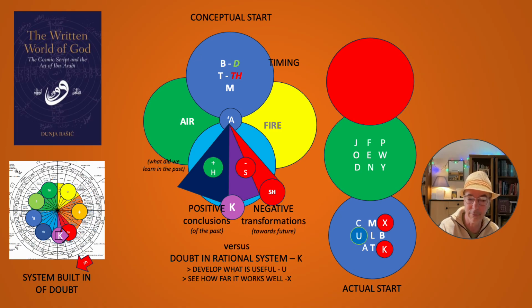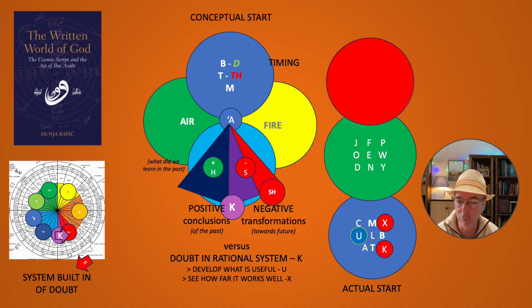It is again, of course, this doubtful rational system in K, which we also had already in our Western system. ATK is actually, we give it a go, we distinguish something, and we doubt it a little bit. So also there we had a doubt when we started from A, but this doubt is more like, okay, let's see what we can use and how well it works.